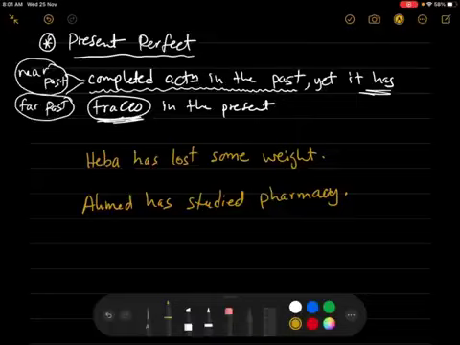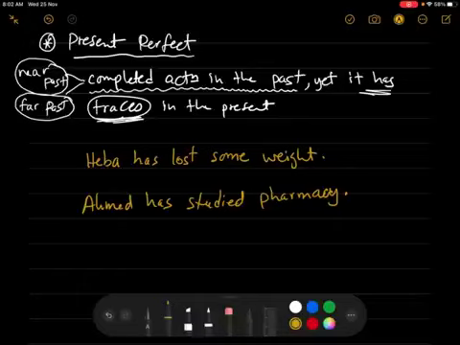The use of present perfect to express a completed action in the past is different from the past simple in that the present perfect is used to express completed actions in the past that have traces in the present.